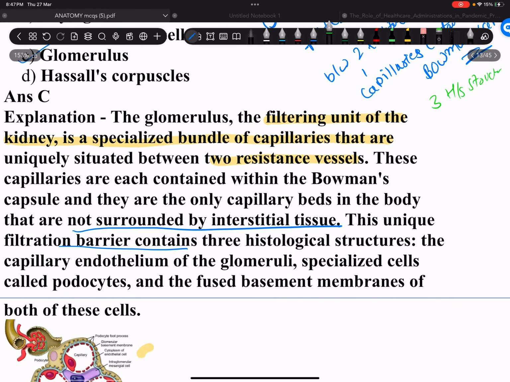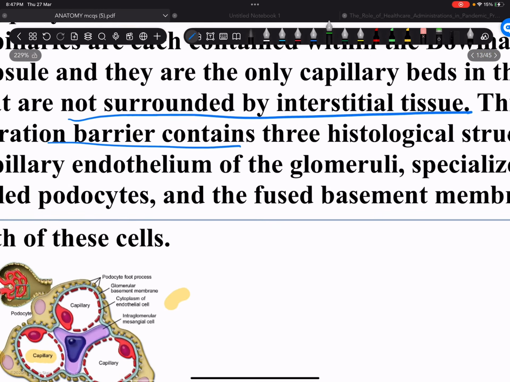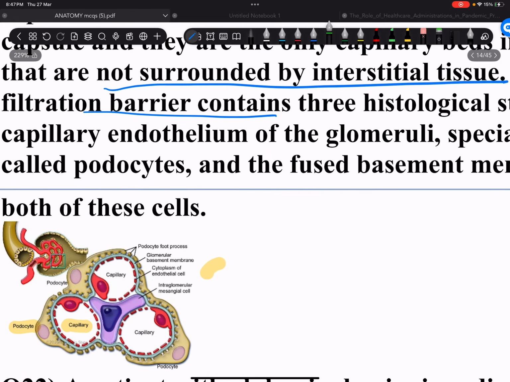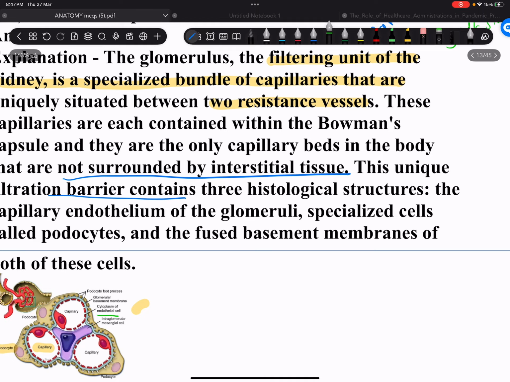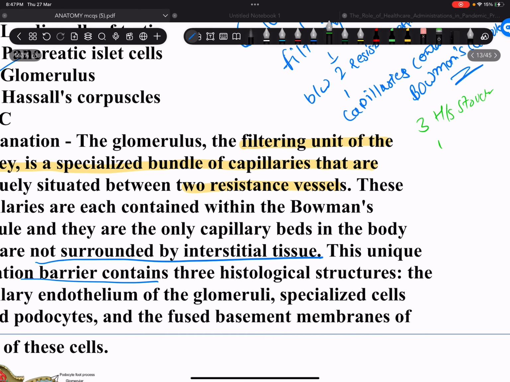First is the capillary endothelium of the glomeruli.